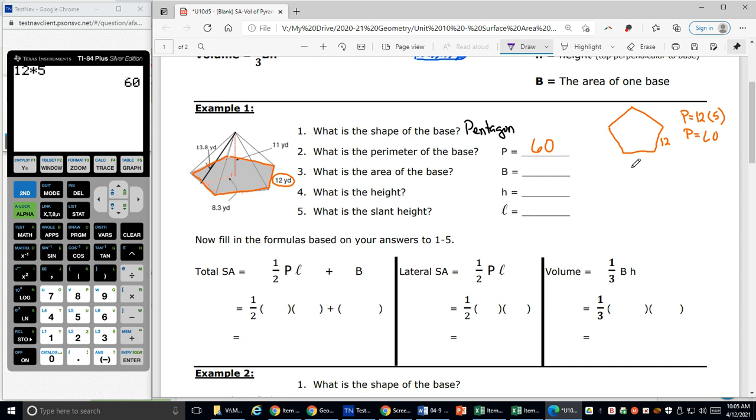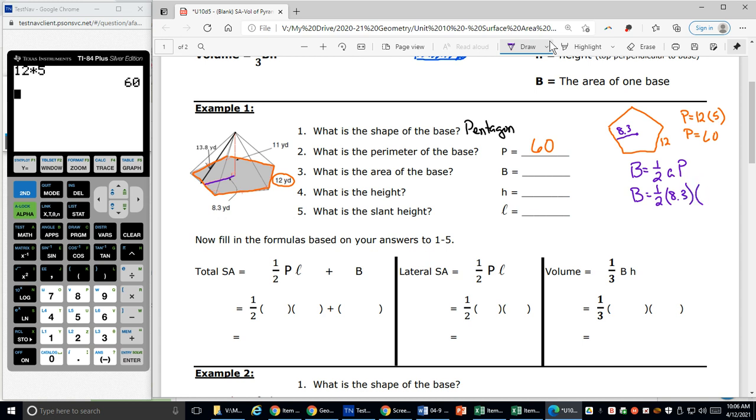So for the area of the base, it's 1/2 AP of the pentagon. So that's 1/2 the a, the distance from the center to a side. I can look in my picture and see that that is 8.3. I don't have to find it.